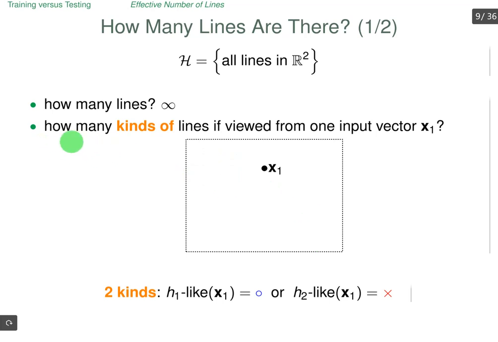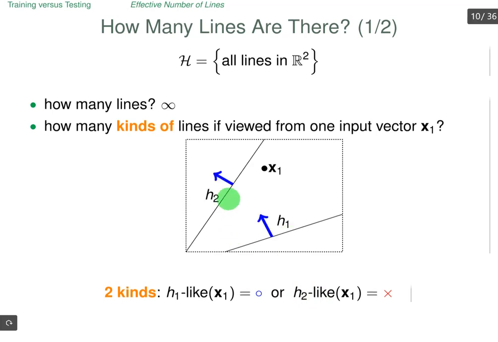Well, second question, how many kinds of lines if viewed from one input vector? If you view from the eye of the x1, how many kinds of lines or hypotheses can we see that will classify this point into binary output? There are two kinds, H1, H2.